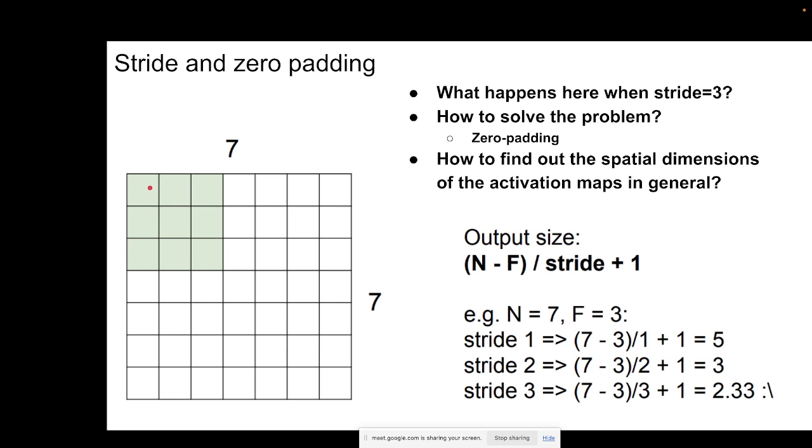Instead of moving to the immediate next cell and starting the window from there, if stride is equal to 2, I'll move 2 steps from here. I take a jump, 1, 2, and this cell is my current location now. The window around this cell becomes my starting point. In the next step I again take a jump of 2, 1, 2, and now I am in this cell.